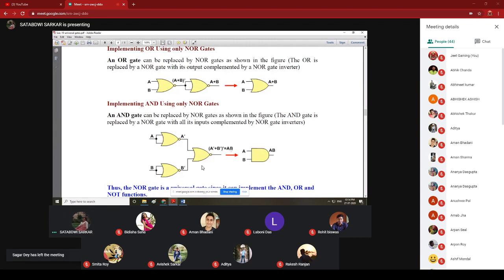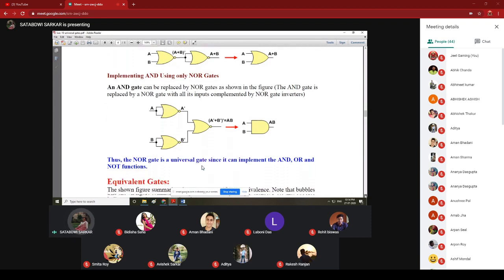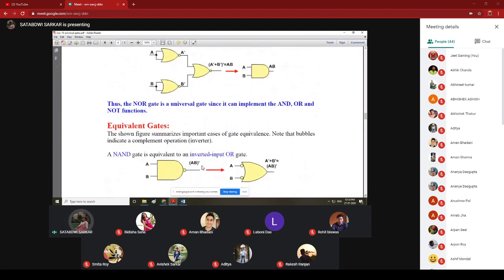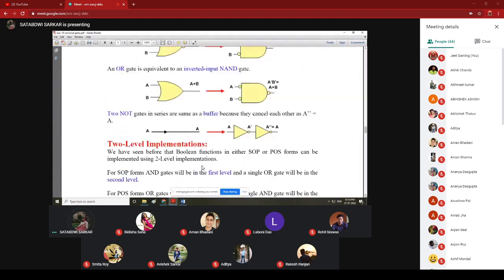So it is A dot B, that is A multiply B, A into B. So it is the output of the AND gate. So we can see that NOR gate can also be used as a universal gate. So we can design any type of gate using NAND and NOR.